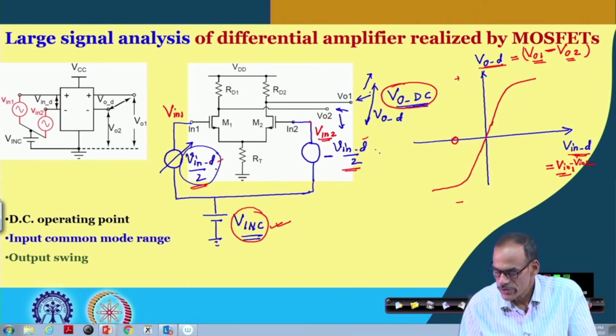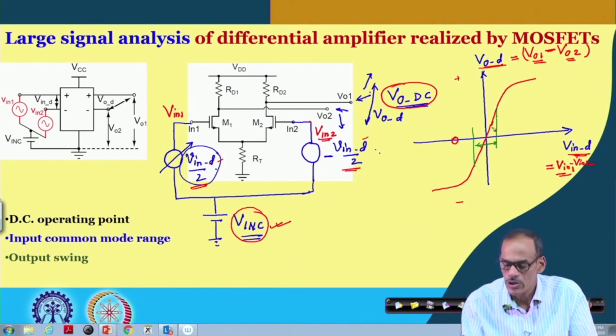Now, whenever we talk about small signal, what we have essentially considered is that the range of this input voltage is small enough, so that we are talking in the small range, and the slope of this characteristic curve is the small signal gain. As we increase this voltage beyond a certain range, it may enter the saturated condition.